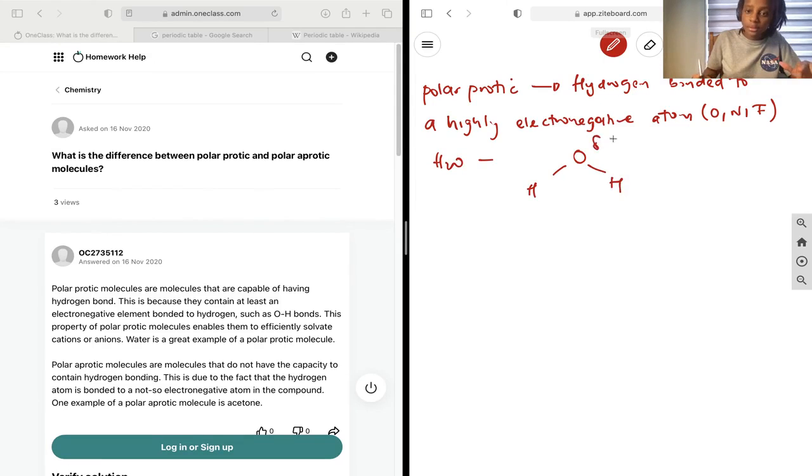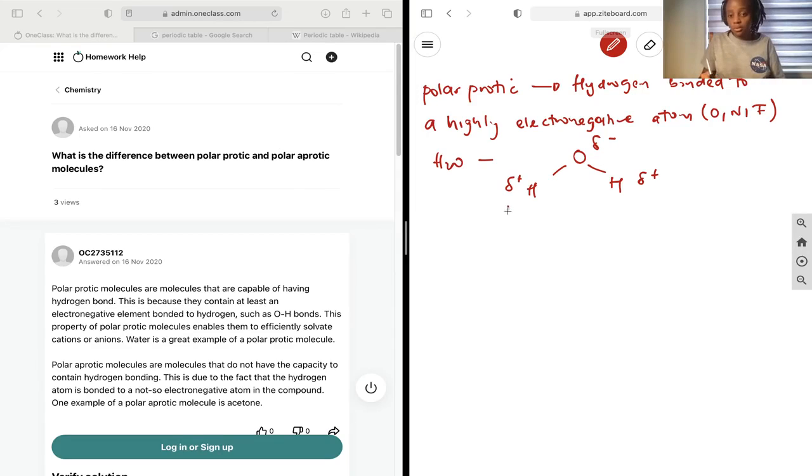Because oxygen pulls the electron from them both, it leaves them with a slightly positive charge, a slightly negative charge, and a slightly positive charge, but more so than you would have in a polar aprotic, where the atom isn't as electronegative, so it doesn't pull the charge away as much and doesn't cause as strong partial charges.